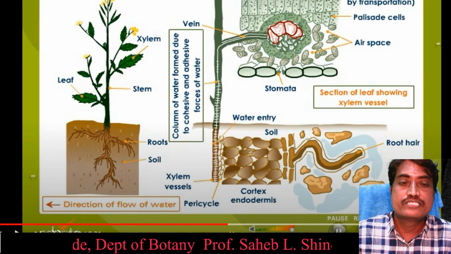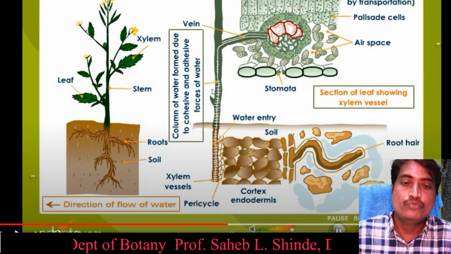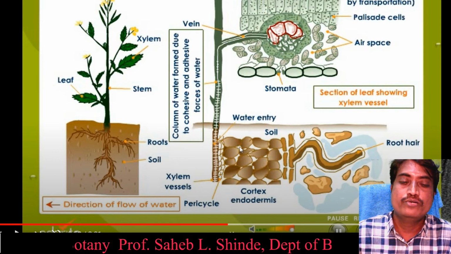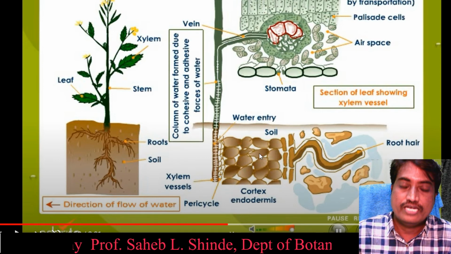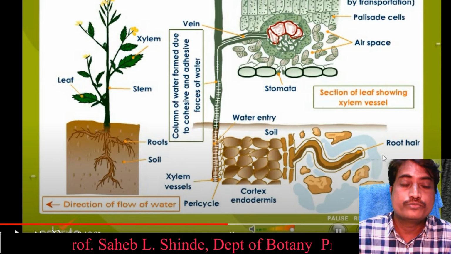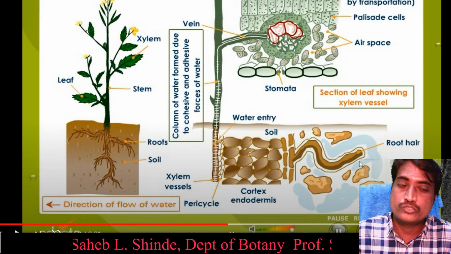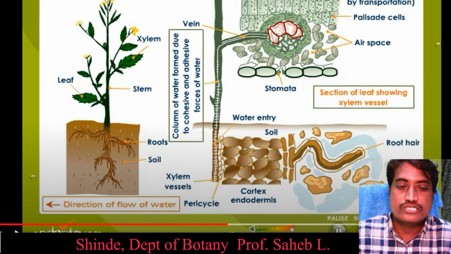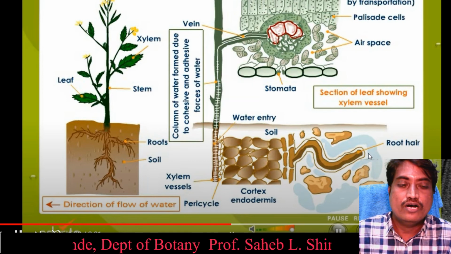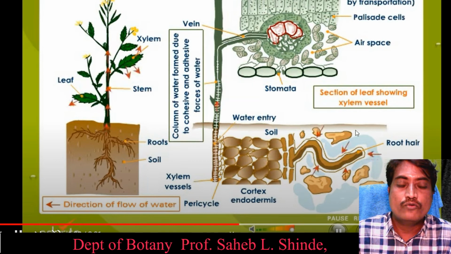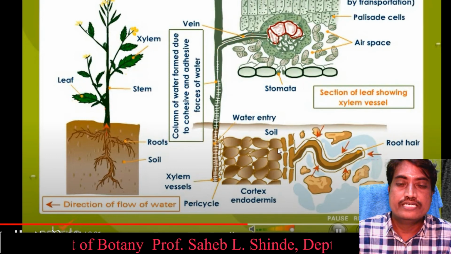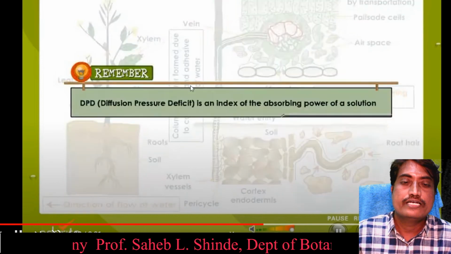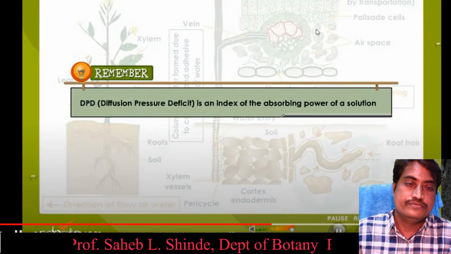The deficiency created in the xylem of the petiole is fulfilled by the xylem of the stem, that is fulfilled by the xylem of the roots, and that is fulfilled by the absorption of water from outside through the root hairs inside the root. Likewise, continuously the movement of water occurs from the outer side to the internal side of the root, and from root to stem, and stem to leaves.